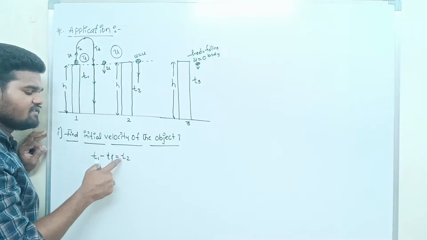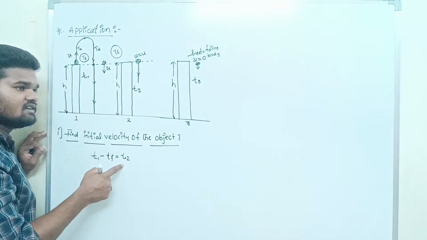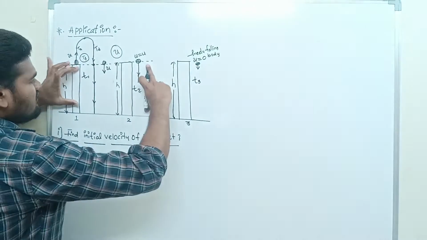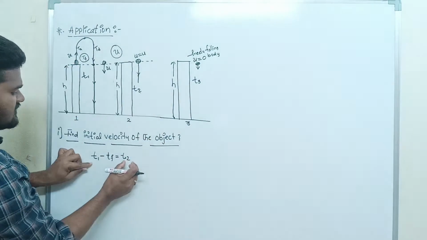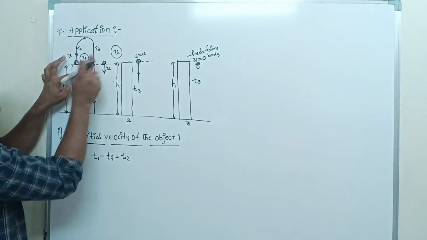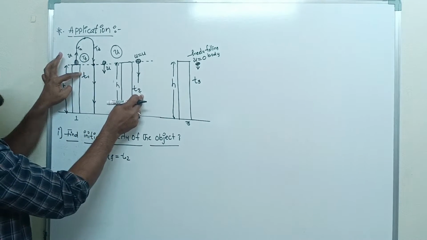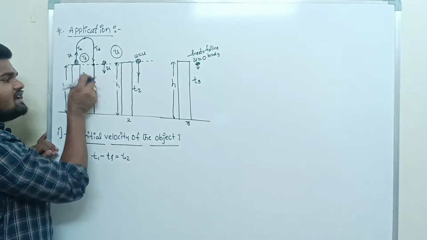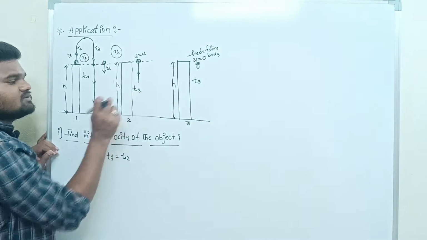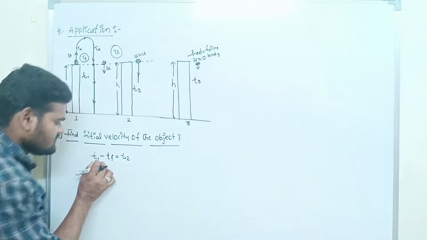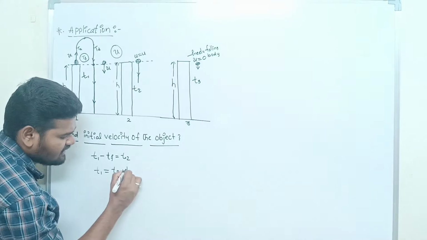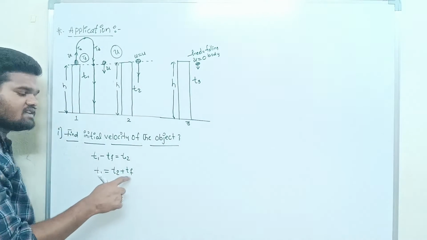Have a look: the time taken by these two objects from this height is the same. But T1 is more than T2 by the time of flight. Just removing Tf from T1 gives T2. So T1 is equal to T2 plus Tf.